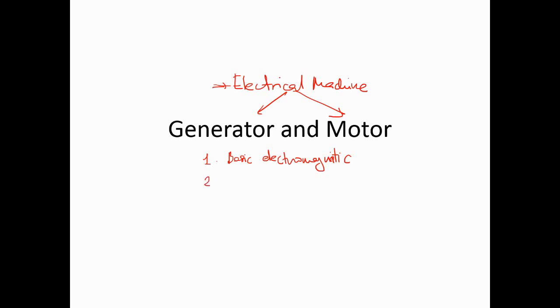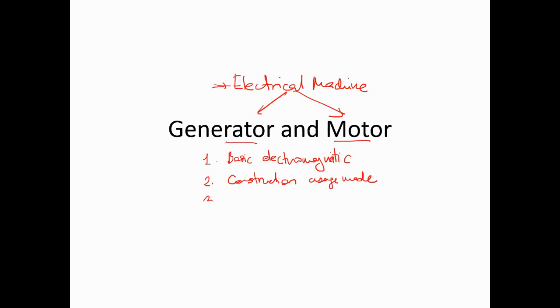In the second part, we're going to learn about the construction. The topology is going to be one simple topology of a DC machine, a DC motor, its construction, and the usage mode. What I mean by usage mode is basically these two modes, either generator or motor.